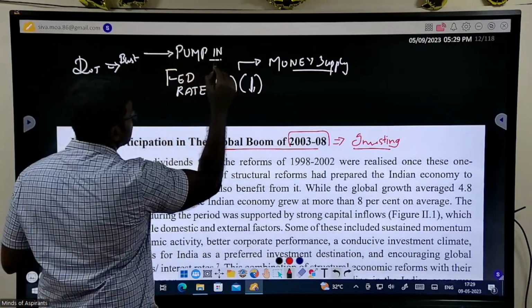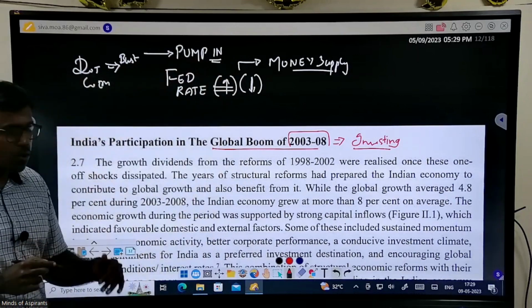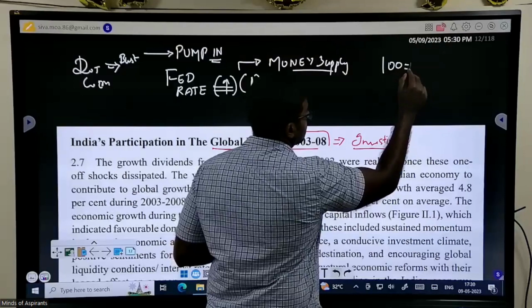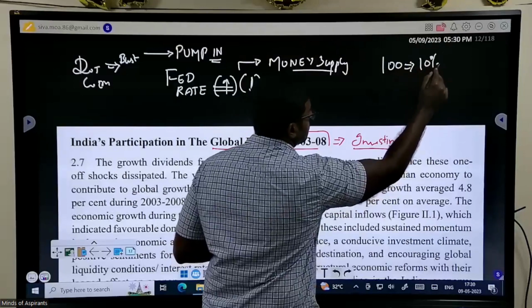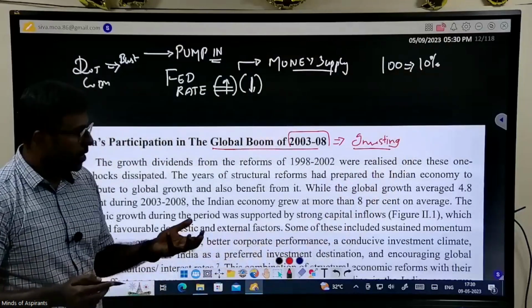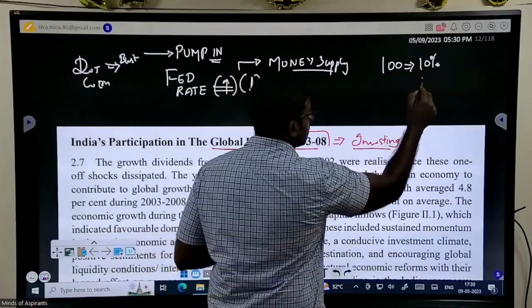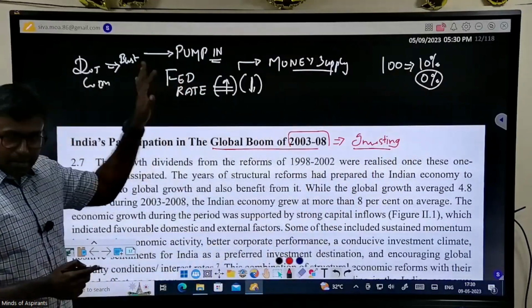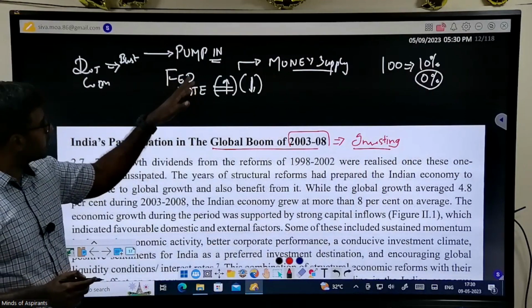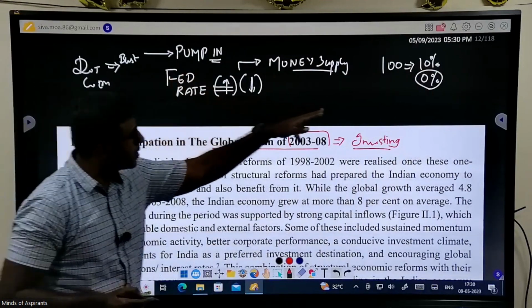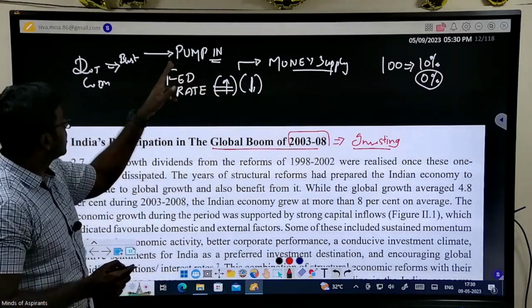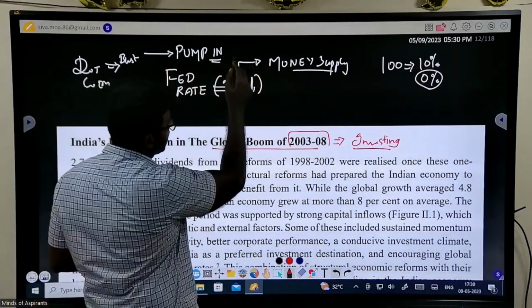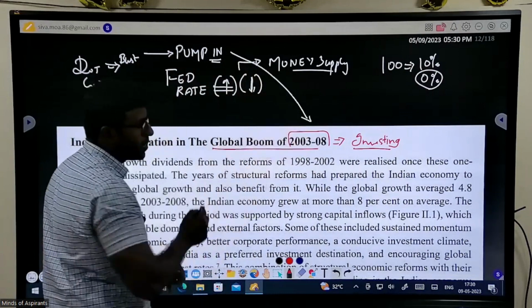The federal rate lower means that, see, for 100 rupees, if I say 10% interest, but if I say 0% interest, everyone will take the loan. The Federal Reserve reduced the interest rate to such an extent that they pumped in money like anything, and the pumped in money came to a larger extent to India.